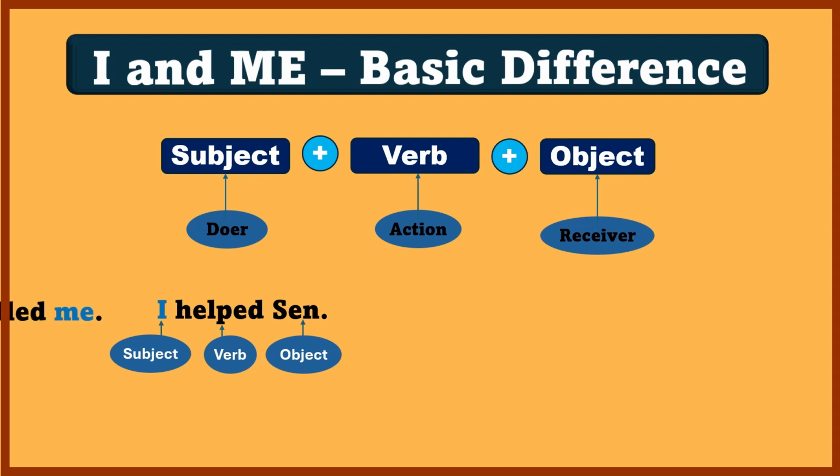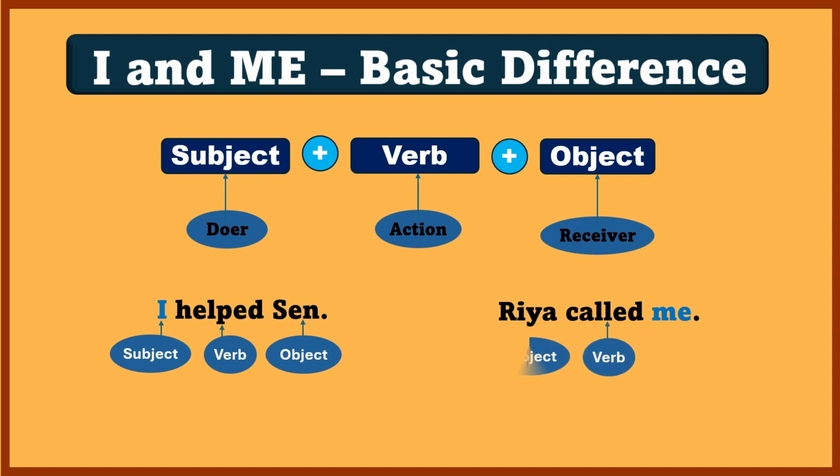Let's look at another example. Ria called me. Called is the action. Ria is doing the action, hence Ria is the subject. Me is receiving the action, so me is the object.